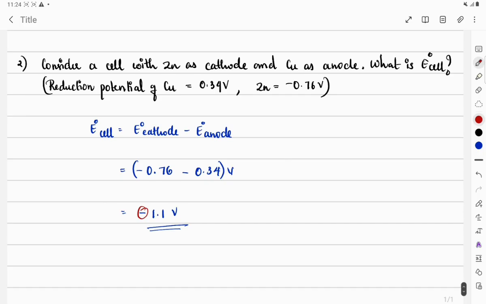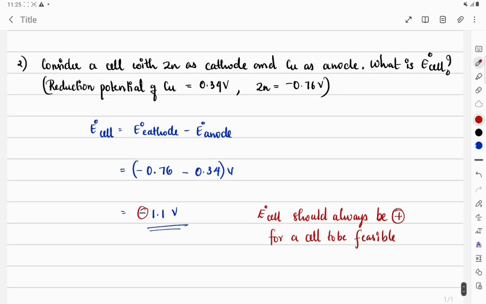So in general, by convention, E0 of cell should always be positive for a cell to be feasible. This means that the reaction will be spontaneous.